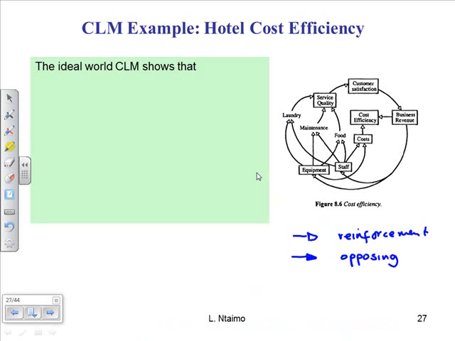So for the ideal causal loop model that we looked at, we may end up having something like this. Okay? So remember, this open arrowhead is for reinforcement, and the solid one is for opposing tendency. And here's an example of a causal loop model for this situation.